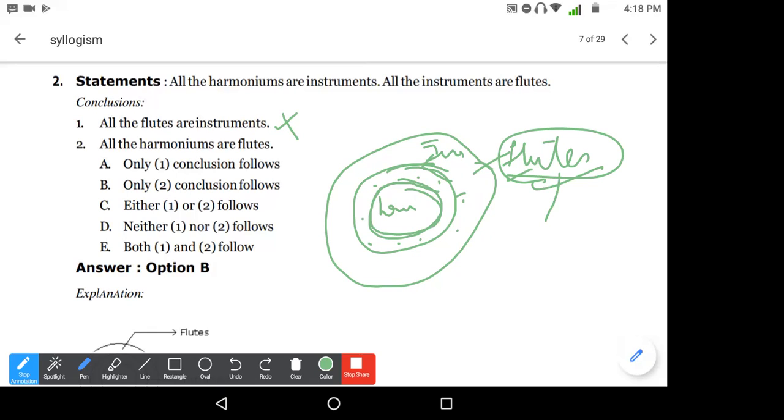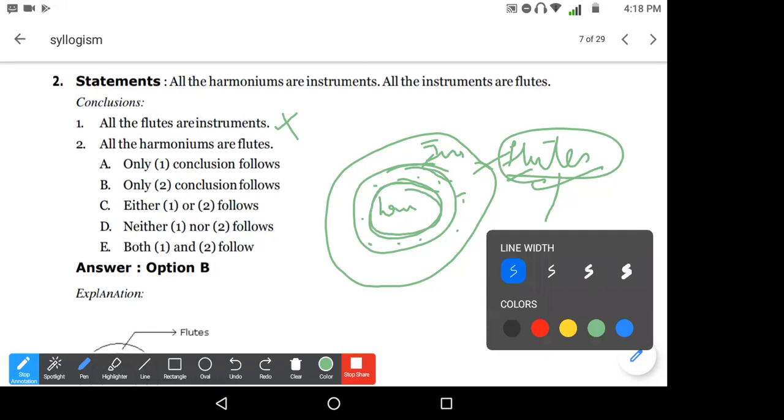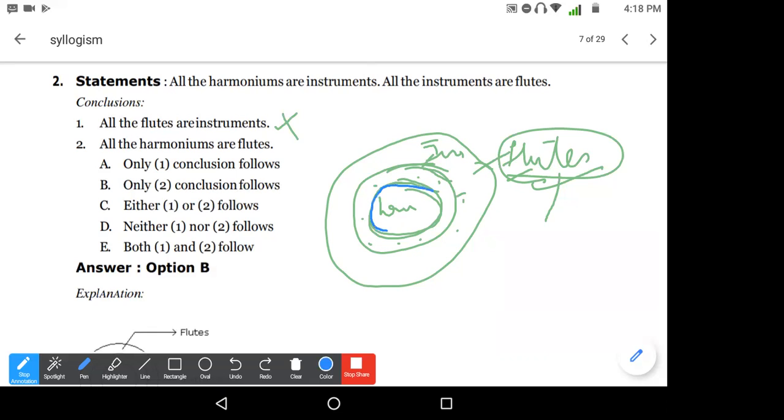See the circle. See the circle inside. All the harmonium are flute. So the harmonium is in a small circle inside flute. So second one, you can say yes. But the first one, you cannot say yes, because all the flutes are instruments.